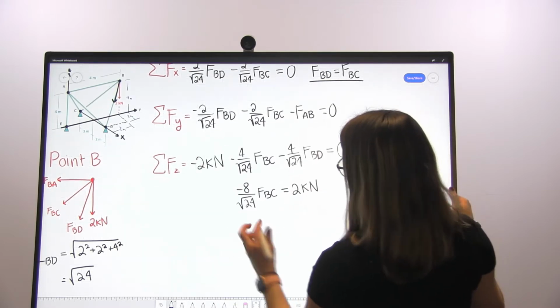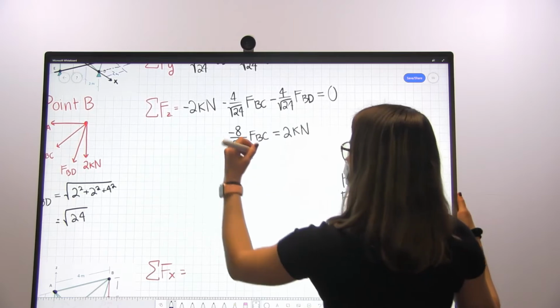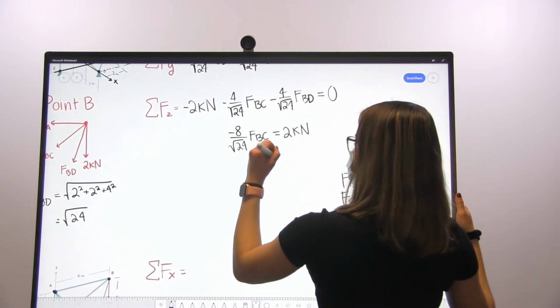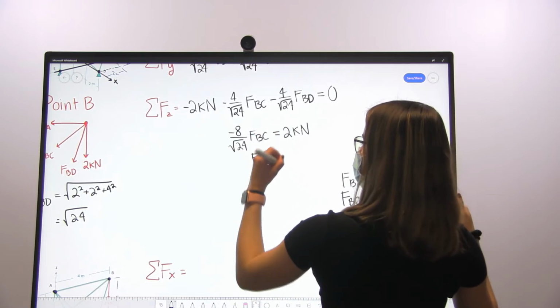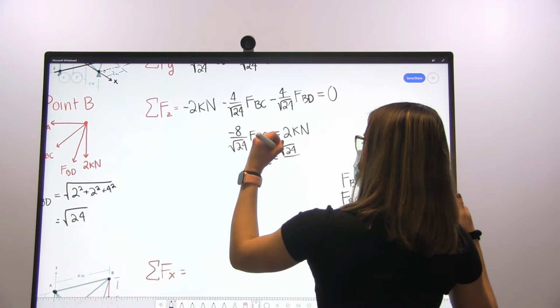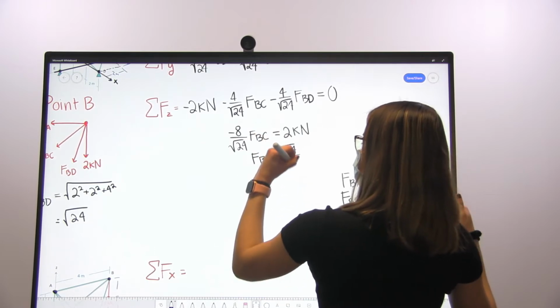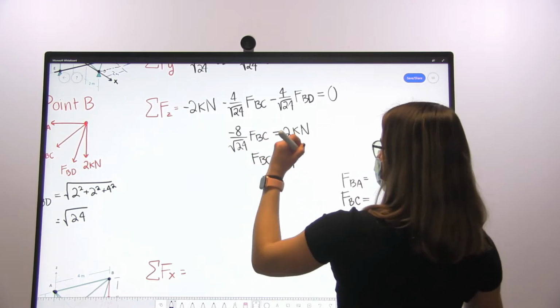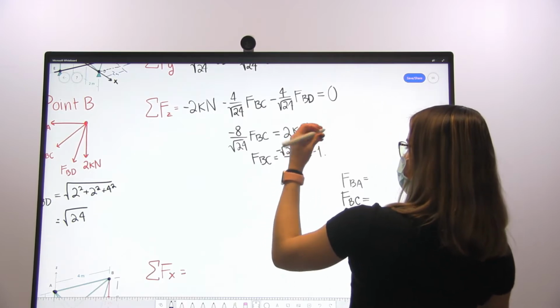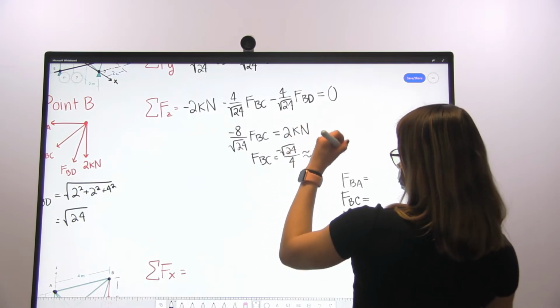And so then that means FBC is going to be equal to square root of 24 over 4 with a minus sign in front, which is approximately negative 1.22 kilonewtons.